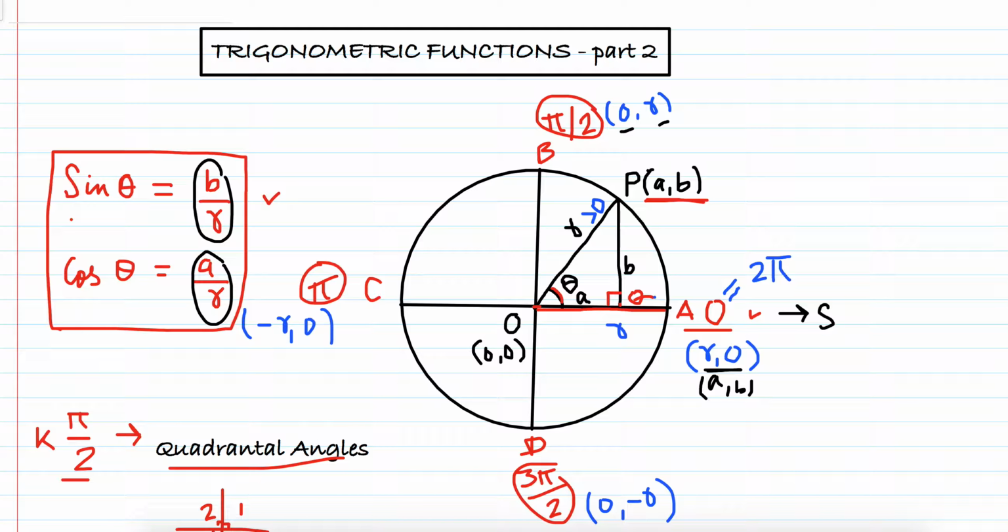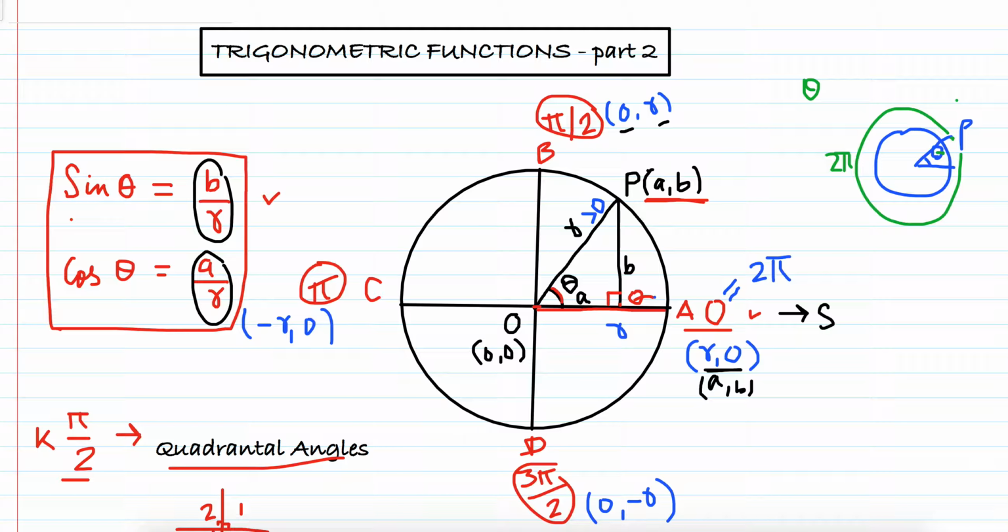If I start at point P, so this is a circle and this is a point P which makes an angle theta. Then I do one complete revolution. This complete revolution is 2 pi. So again we will reach here. From theta I add 2 pi, so I reach again at theta.